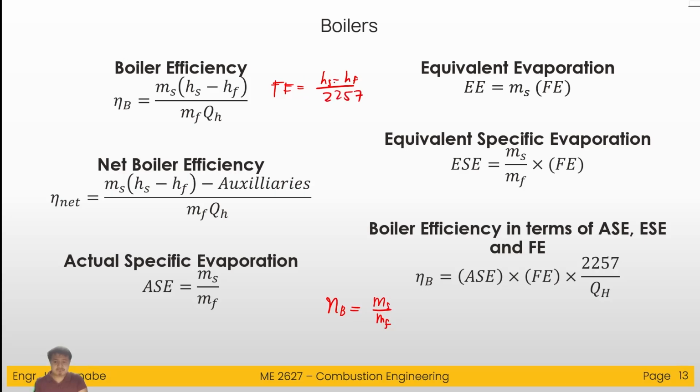So we can say that HS minus HF is just 2257 multiplied by FE. And then what's left is QH, so multiplied by 1 over QH. If you simplify this, it's just ESD, you write this as ESD and then multiplied by FE over QH. Okay, so that's it. Thank you guys for listening.